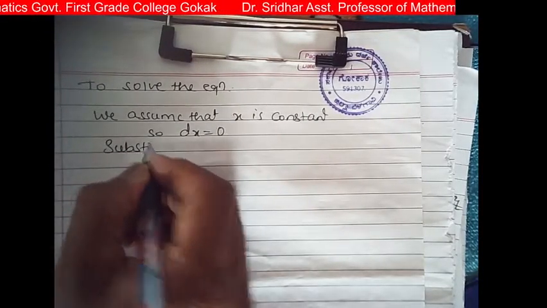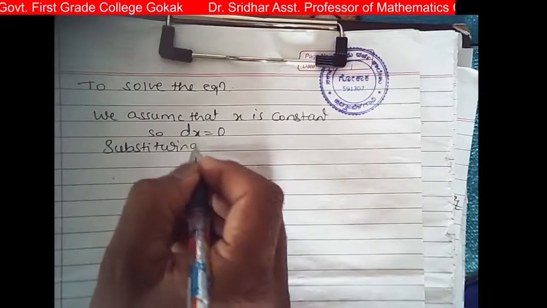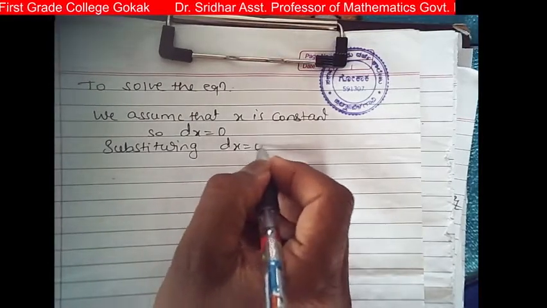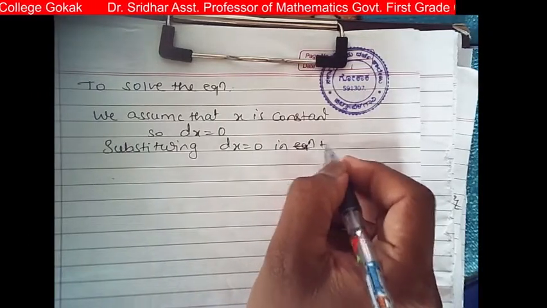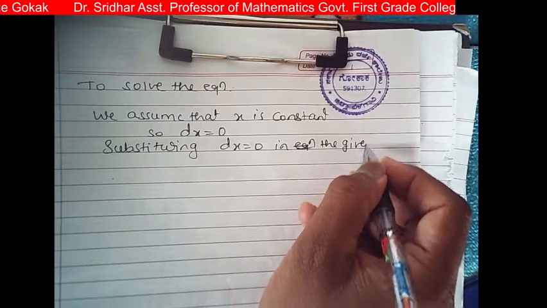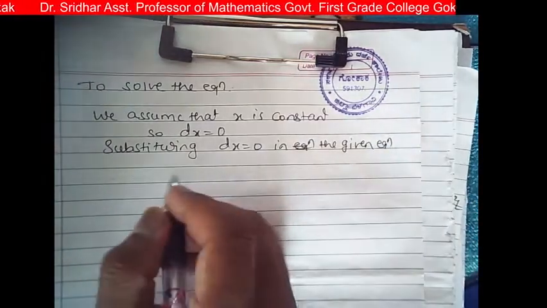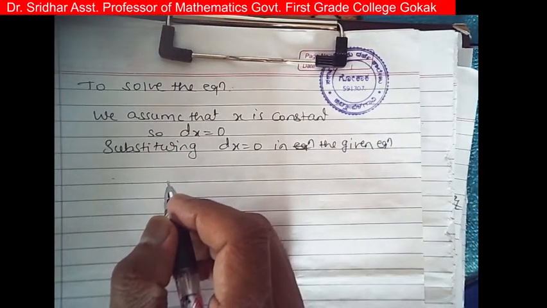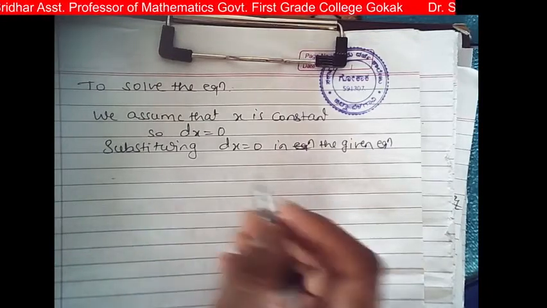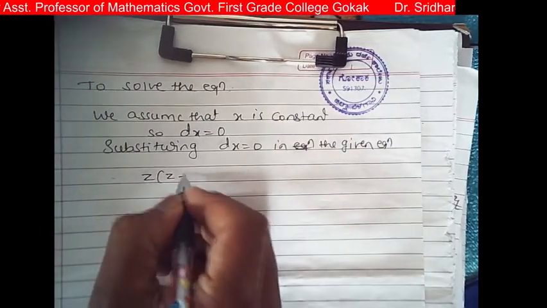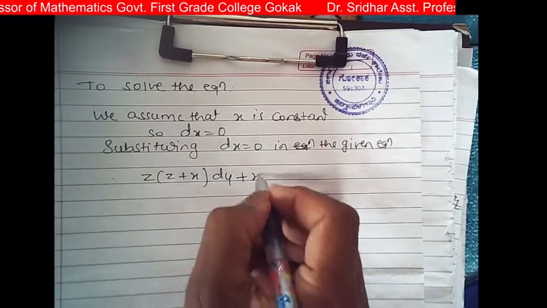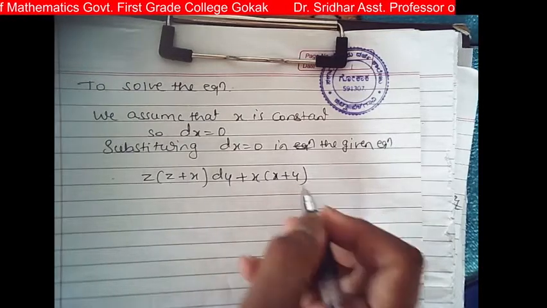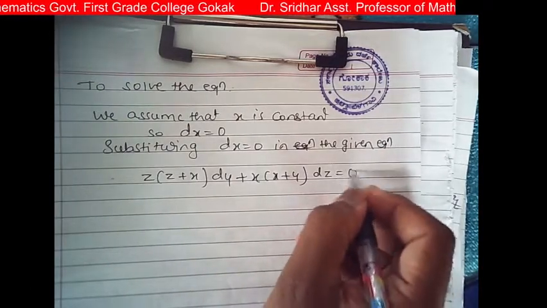Now substituting dx equal to 0 in the given equation, so we obtain z into (z plus x) dy plus x into (x plus y) dz equal to 0.